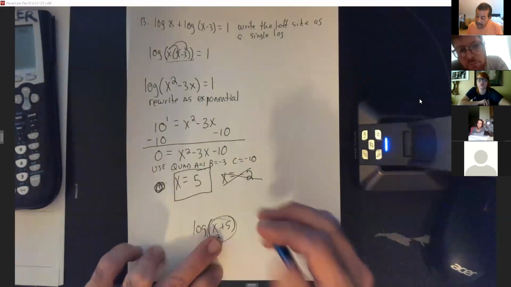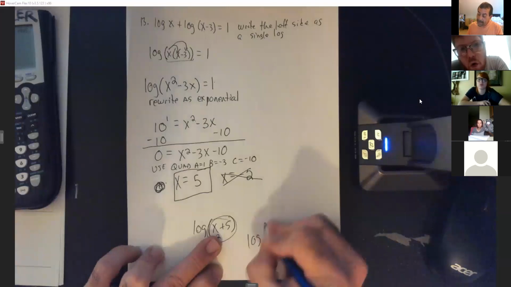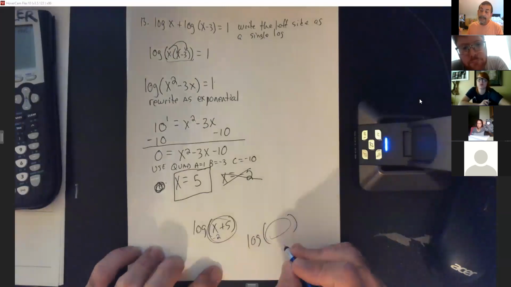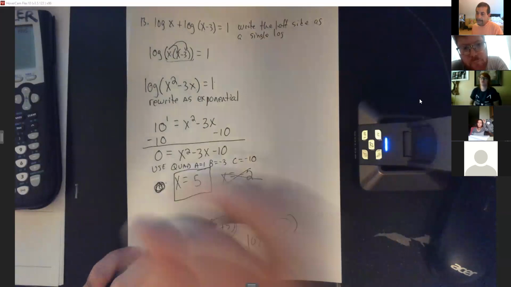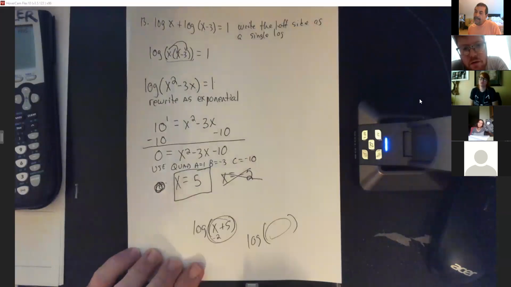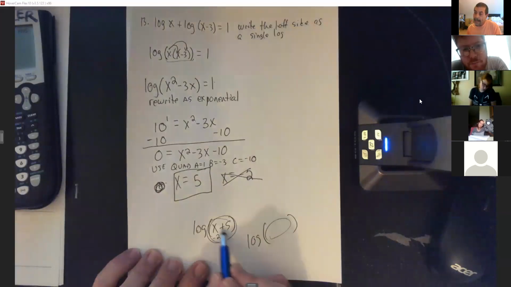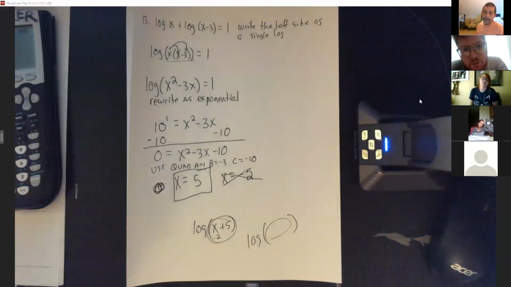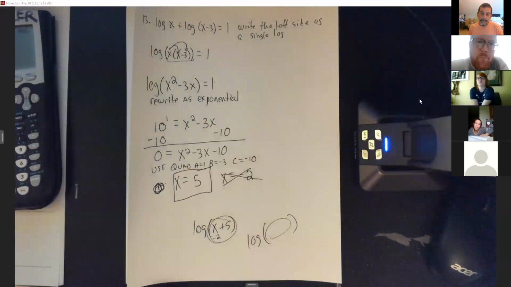But anytime it makes this part negative, then you have to kick that answer out. So just check your answers and see if it's going to make it negative. You should check them both. The only answer I keep is that 5.